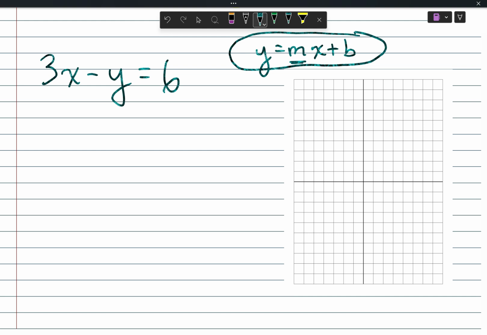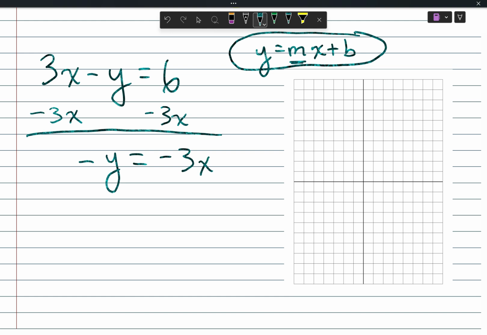So we need to get rid of that 3x. We do the opposite of the plus 3x. We know it's positive because there's no sign in front of it. So we subtract 3x. So we get negative y is equal to, and you're not subtracting 3x from the 6 because they're not like terms. You're just moving it over to the right side of the equal sign.